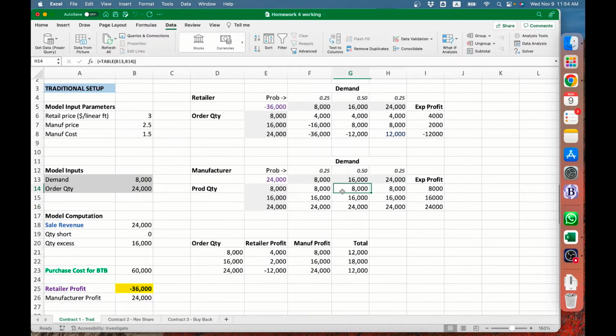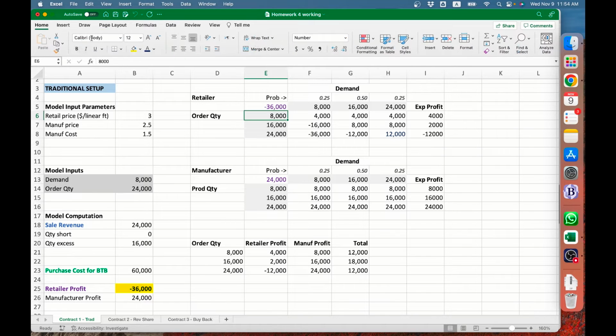As a manufacturer, we always make a profit whatever order quantity we get, because the excess inventory doesn't hurt us, it hurts the retailer. It's the retailer's problem, not our problem. We get our money from the retailer up front. So if Barbara orders 8,000 because that is her profit maximizing quantity, then the manufacturer's expected profit is going to be 8,000.